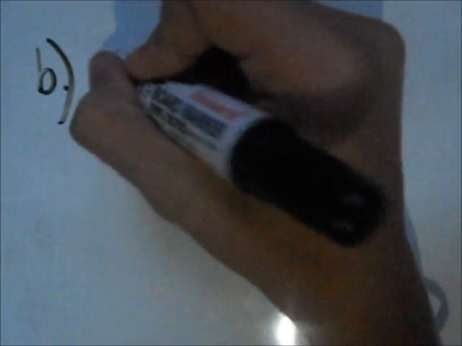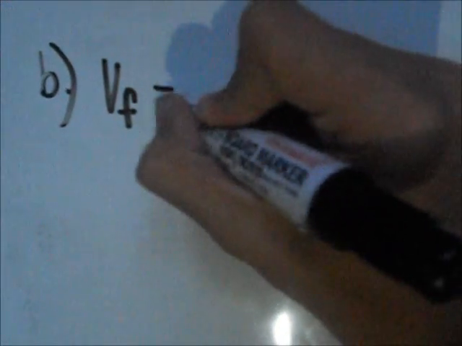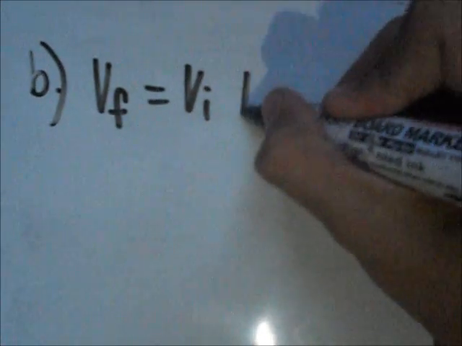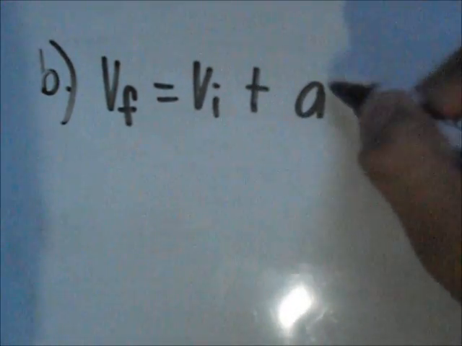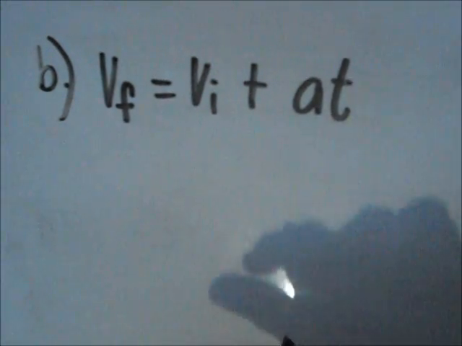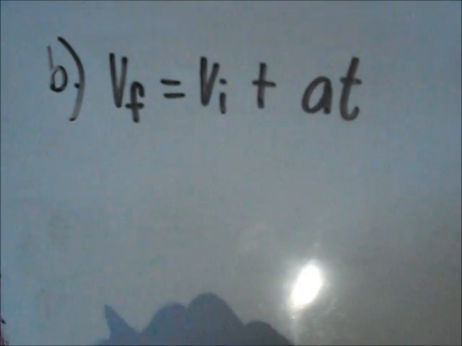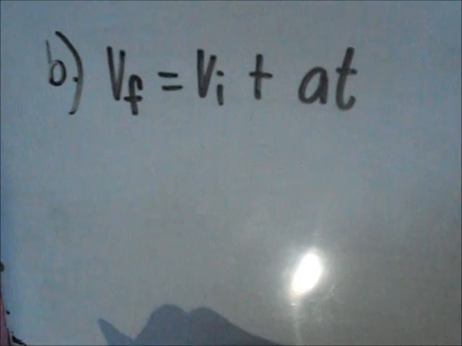Let's have another example. Given the formula, final velocity is equal to initial velocity plus acceleration times time. And let's prove that this equation is dimensionally correct.